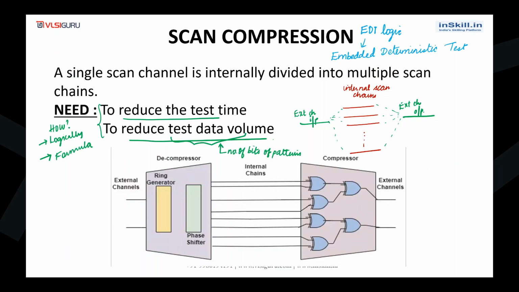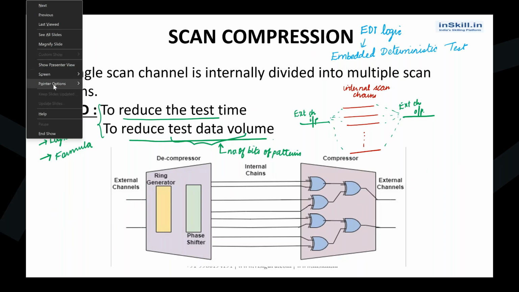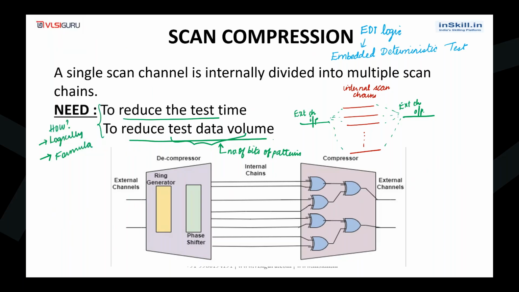Here in this case, this is your EDT logic. These are your internal scan chains, and these are your external channels.